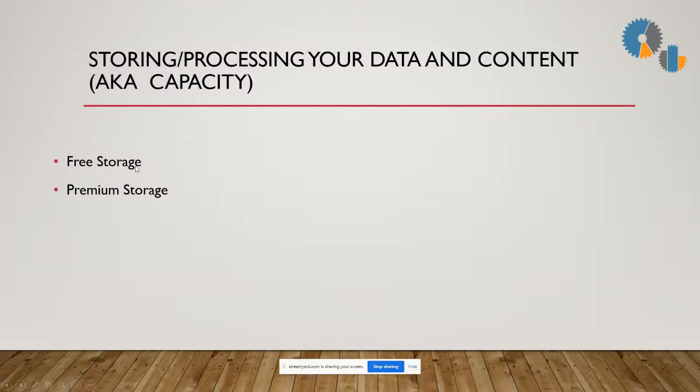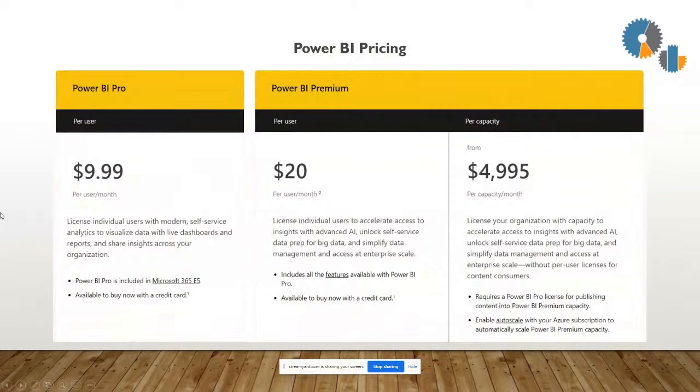Once you know your storage type, then that can drive the type of individual user licenses you need. If you are talking a free model, anyone that you want to share that content with needs what's called a Power BI Pro license. So going back to this item for $9.99, if you're using the free storage, every user you want to share that with, basically they're going to need a Power BI Pro license.